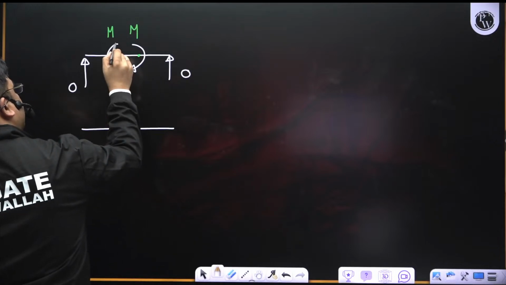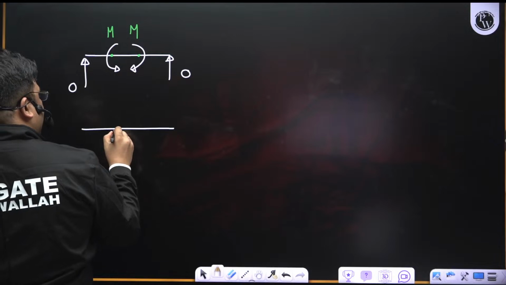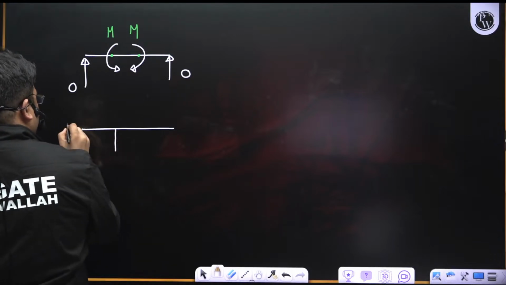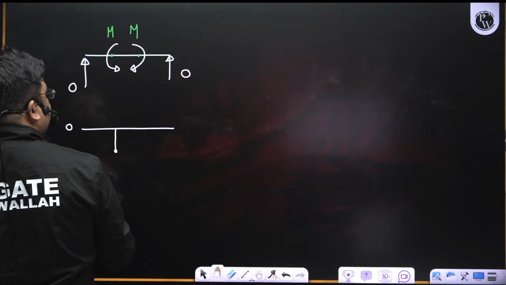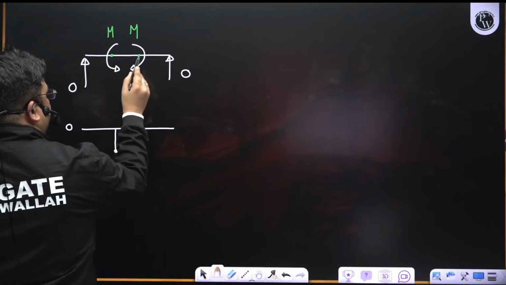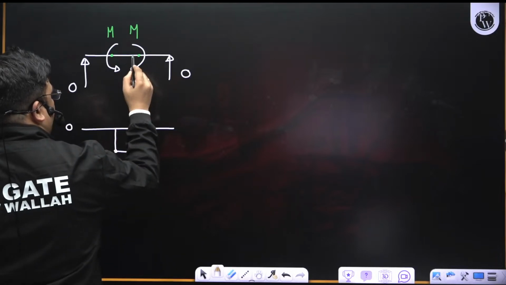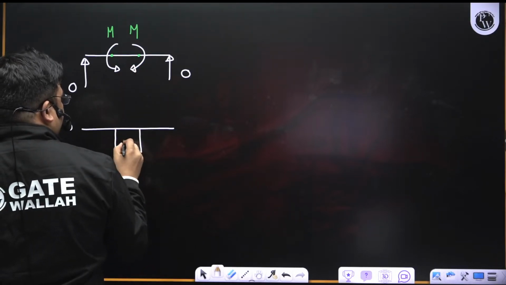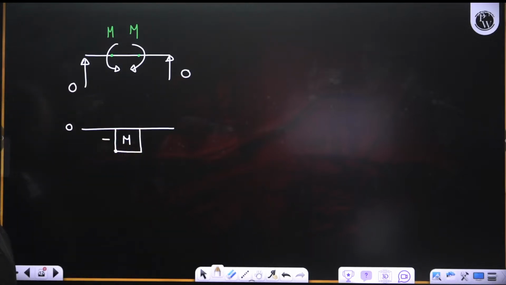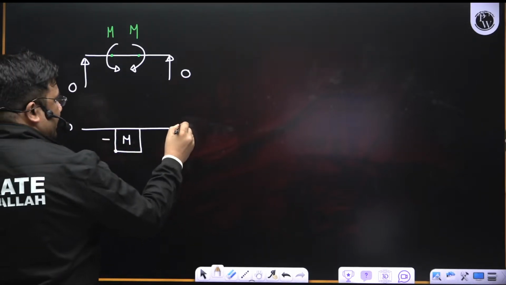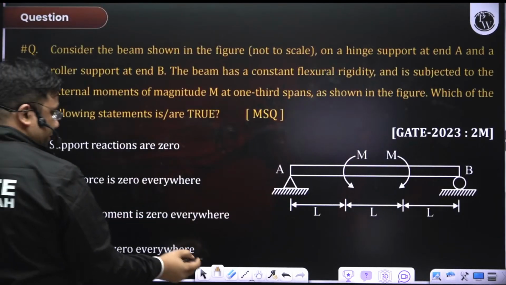Here there is an anti-clockwise moment, so there will be a sudden drop in the bending moment: 0, 0, 0, then suddenly it drops to minus M. Then there is no load and no moment acting, so bending moment is constant. Then here clockwise, so again it increases to 0. Therefore in this portion there will be a constant bending moment of M, and then here 0, here 0.